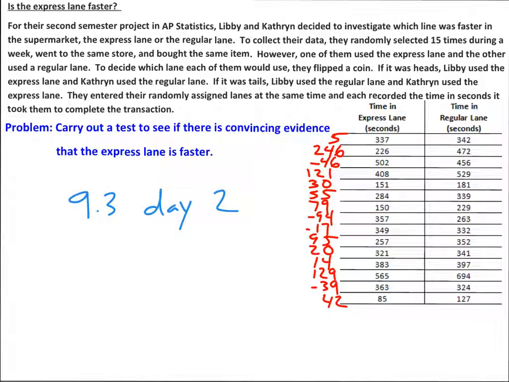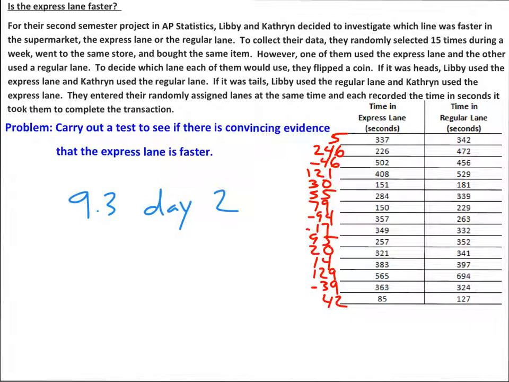We're really looking at the difference between these two, and the way I subtracted them, I did regular minus express, okay? Now for each of these checkout times, we're hoping for positive numbers, right? At least that's what we think.